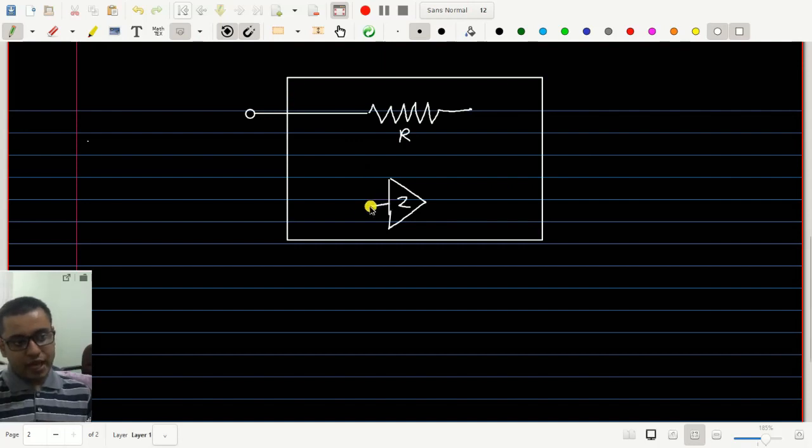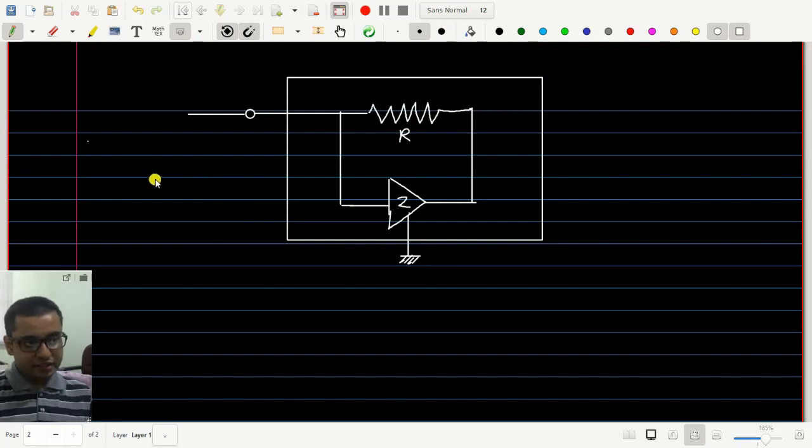The input of the amplifier is connected to this side of the resistance, and the output is connected to the other side of the resistance. Now we want to measure the input resistance of this terminal with respect to some common ground, which will also be the common ground of this amplifier.